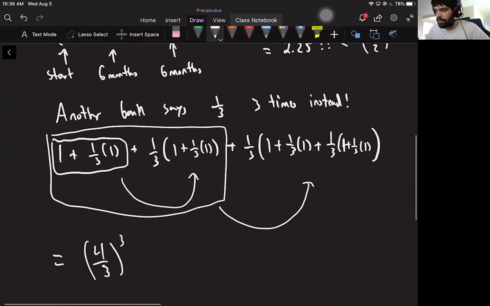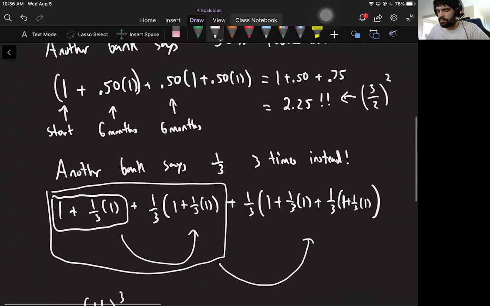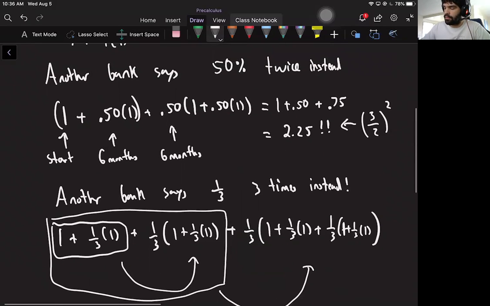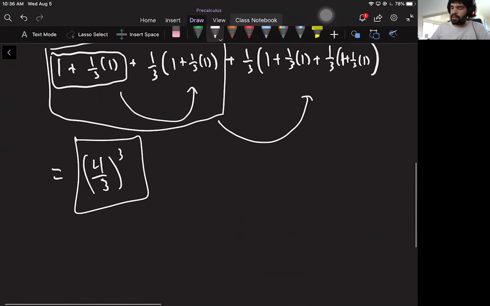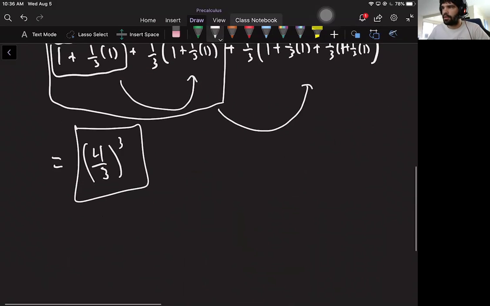So when you do this type of interest growth, you get a pattern going. So you might not see the pattern. But this is how many dollars you would get, and that's going to be a little bit more than 225.